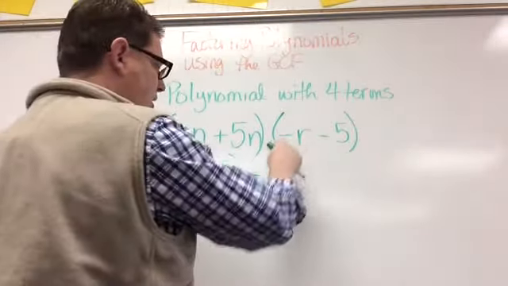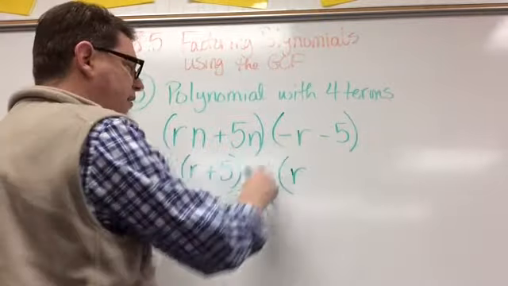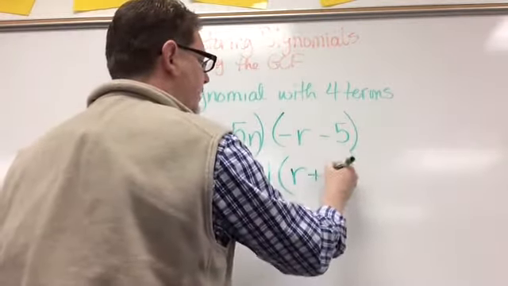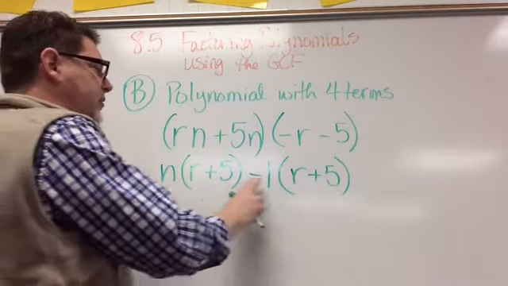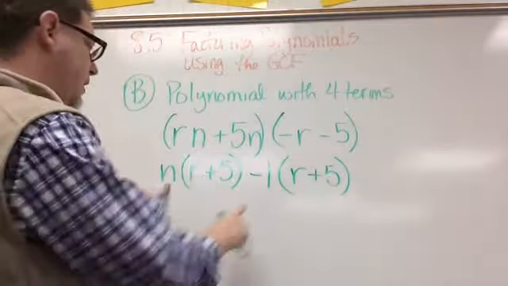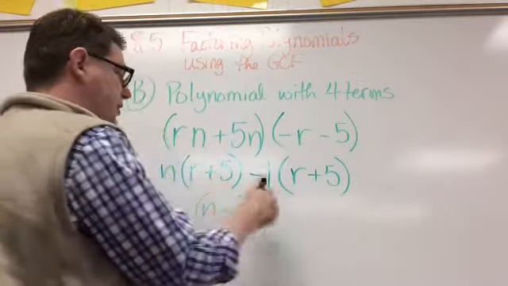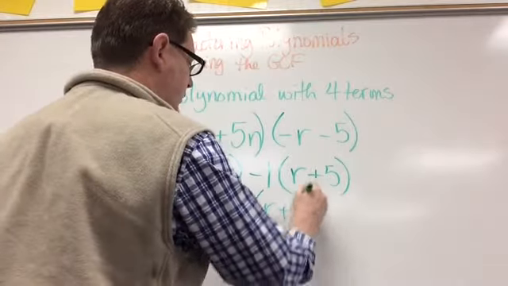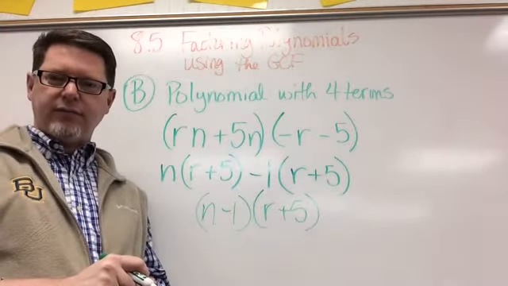So negative r divided by negative 1 is positive r, and negative 5 divided by negative 1 is positive 5. So now I have n times the quantity of r plus 5 minus 1 times the quantity of r plus 5. So I take the n and the minus 1 and make that one binomial, and r plus 5 is the second binomial. And that is my final answer.